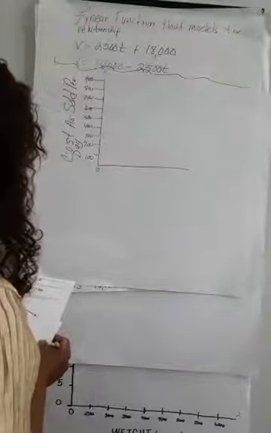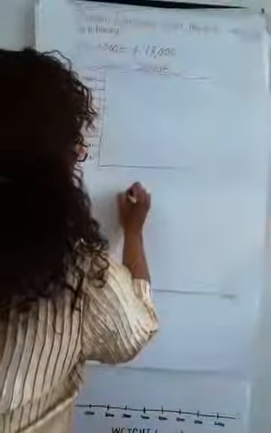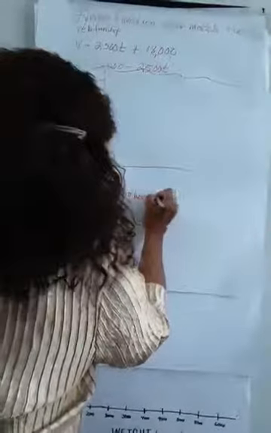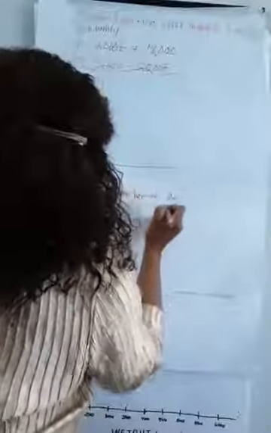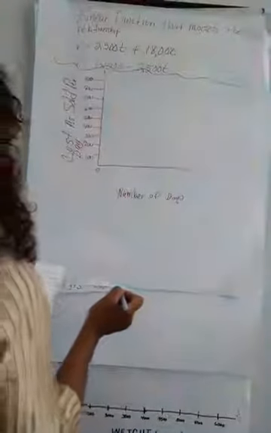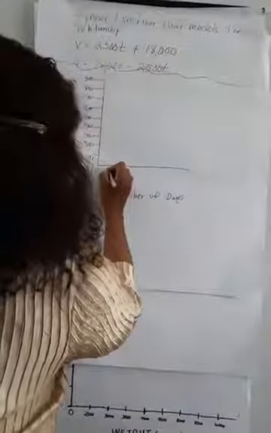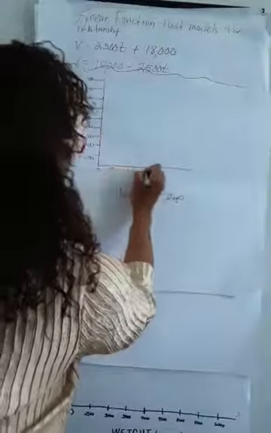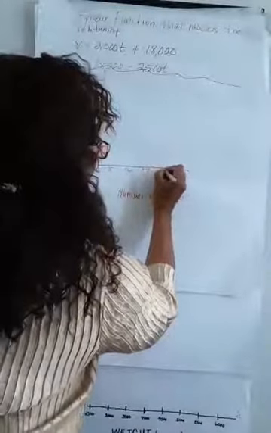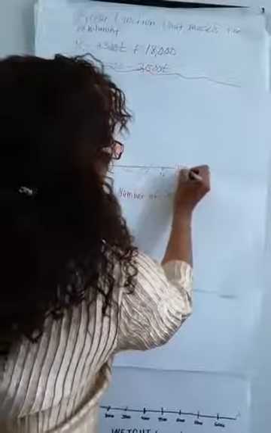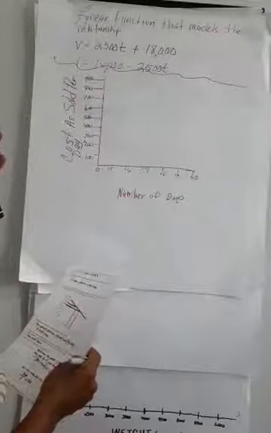So this is the cost, and these are the number of days. Let's see, 0, 15, 16, 17, 18, 19, and 20.